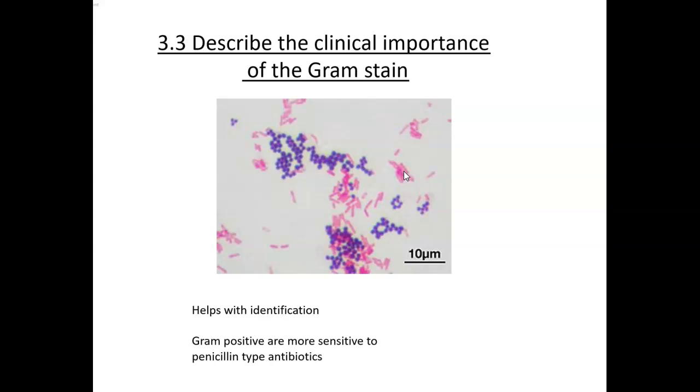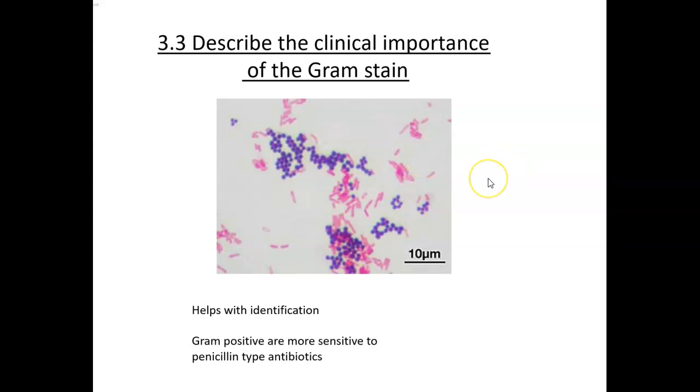Gram-negative have a thin peptidoglycan. We don't have all the P's together with gram-negative. So gram-negative has a thin peptidoglycan, stains red with the gram stain, and is more penicillin resistant, just naturally resistant.